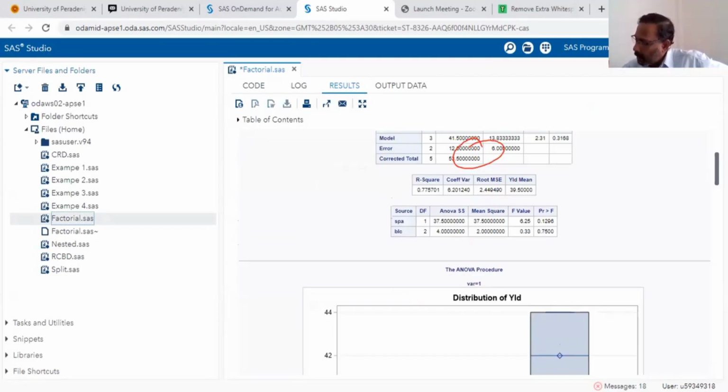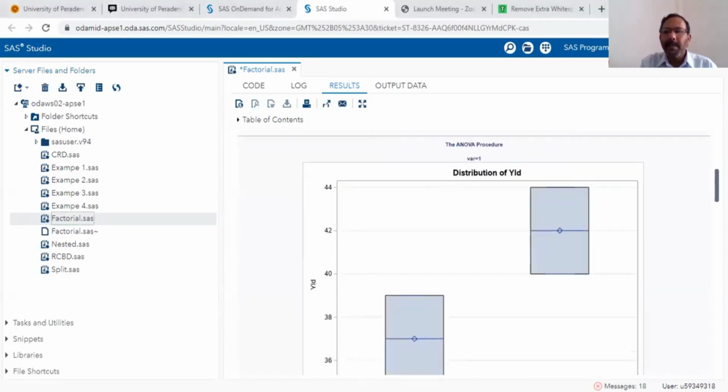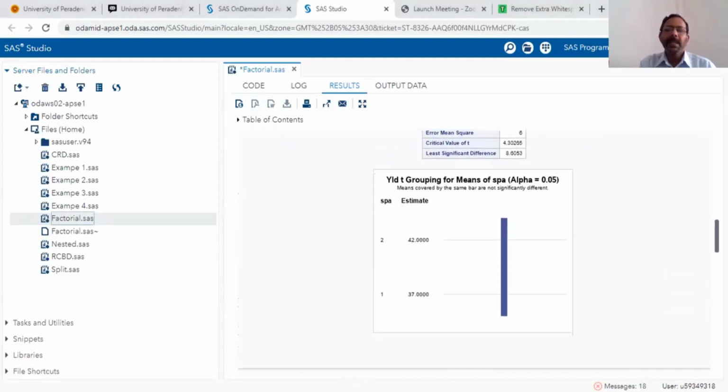The spacing is not significant actually. So that will reflect later on the mean separation of variety 1. That means no difference between the spacing. For variety 1, both spacings produce the same yield. Without looking at the mean separation, we can say that.